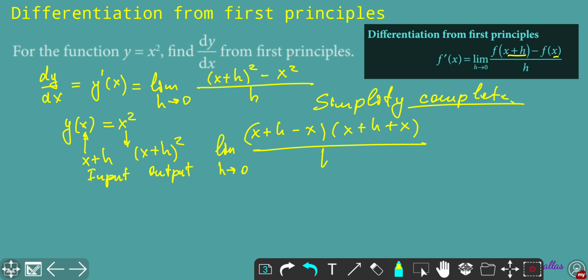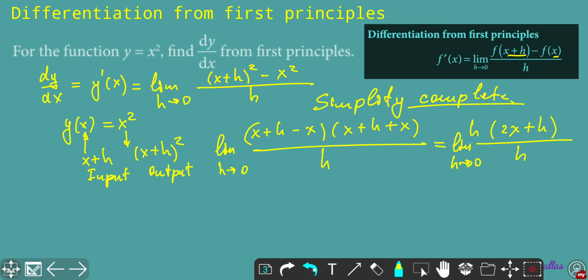The x and x cancel, so we stay with h, and we get (2x plus h) times h over h. We always need to write the limit prefix.